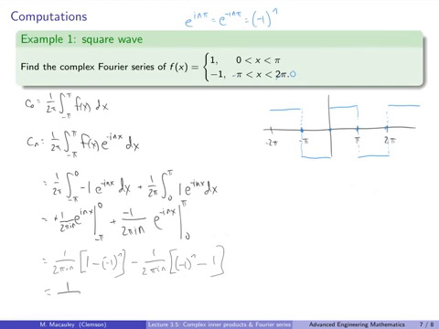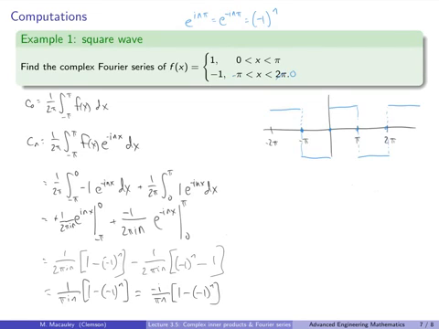So we get 1 over pi i n times 1 minus negative 1 to the n. And some people don't like having i's in the bottom, so if you want to, you can write this as negative i over pi n times 1 minus negative 1 to the n.